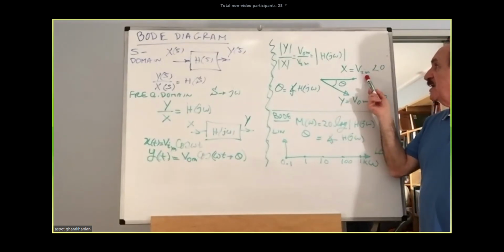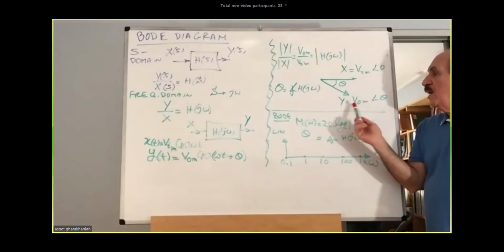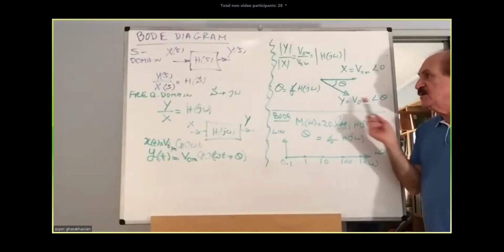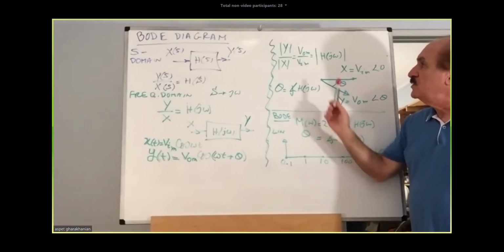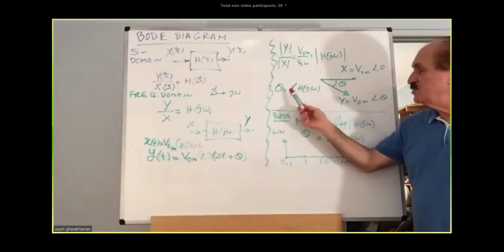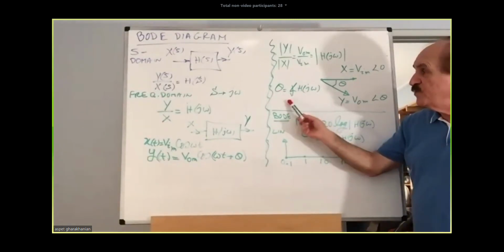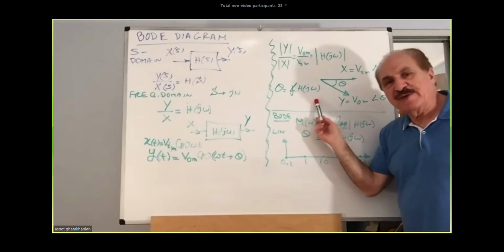X is VIM, angle 0. Y is VOM, angle theta, which is shown as a lagging angle. The angle of the output phasor with respect to the input phasor, defined as theta, would be the angle of the function H(j omega).